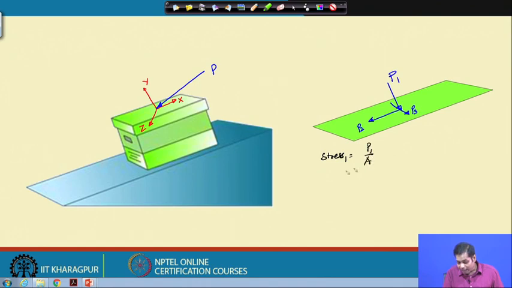Then we have 3 stresses on the same plane: stress 1 will be P1 by A, similarly stress 2 will be P2 by A, and stress 3 will be P3 by A. So, we have 3 stresses.